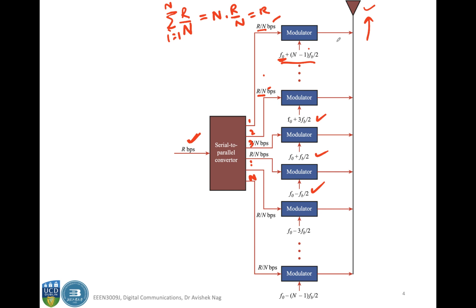Let's say these are the different components of OFDM, S1, S2, S3, S4, etc., and you are combining them together. Each signal on two adjacent subcarriers is orthogonal to each other.